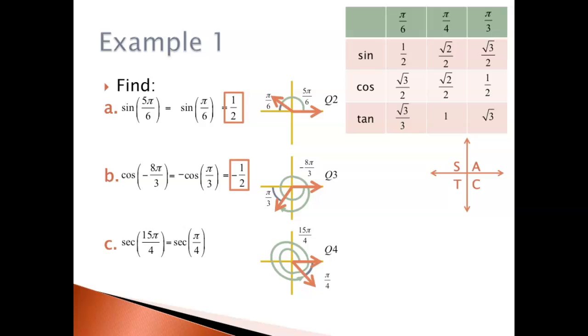And now because we're working with the reciprocal, you want to look for cosine of pi over 4. Cosine of pi over 4 is root 2 over 2. So secant of pi over 4 is just this reciprocal, so 2 over root 2. We know it's positive because in the fourth quadrant, cosine and secant are both positive. So 2 over root 2, rationalize that denominator, and we get the square root of 2.